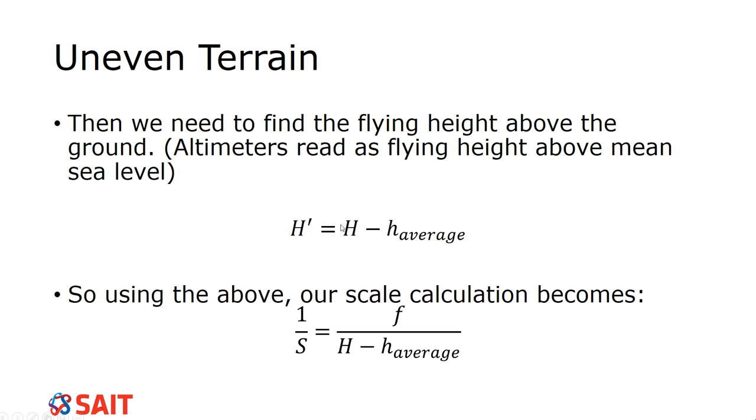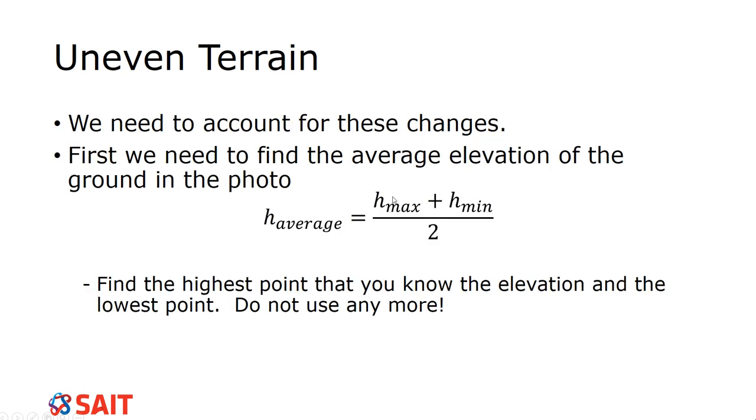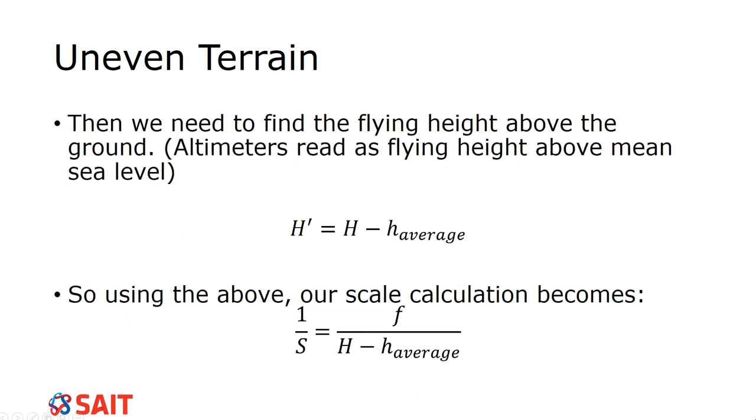Then we can subtract the average height of the ground. That's what little h average is, the average height of the ground between the geoid and the Earth's surface. So that h average is (h max plus h min) over 2, that gives me the height.